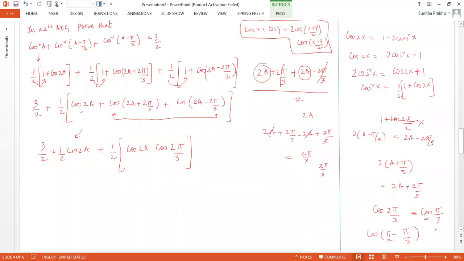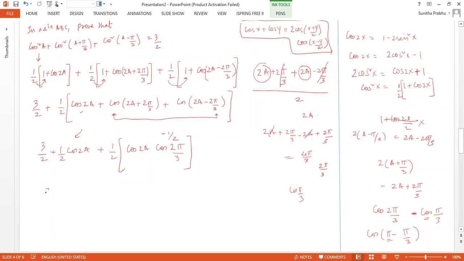Minus cos pi by 3. And what is cos pi by 3? 1 by 2. So it will be minus 1 by 2. With your permission, I will write this as minus 1 by 2.